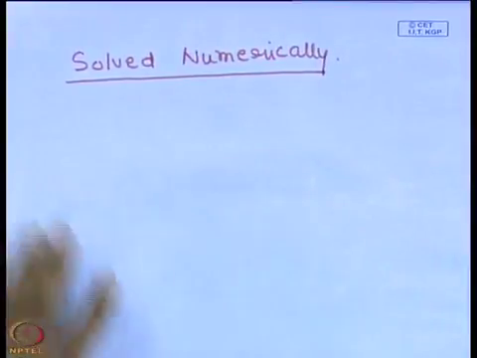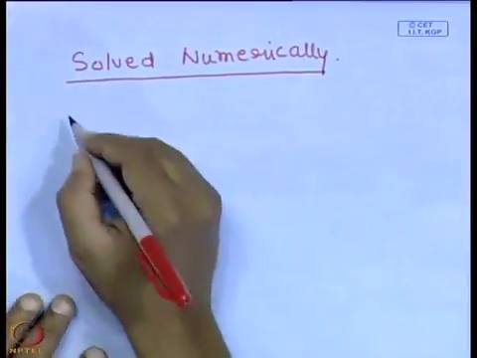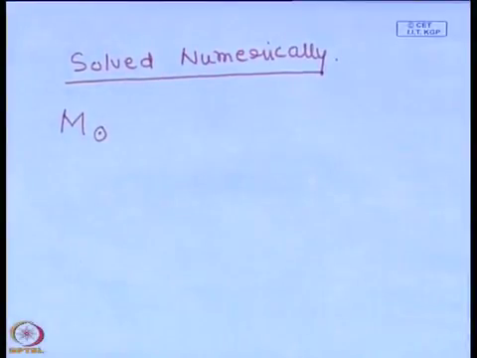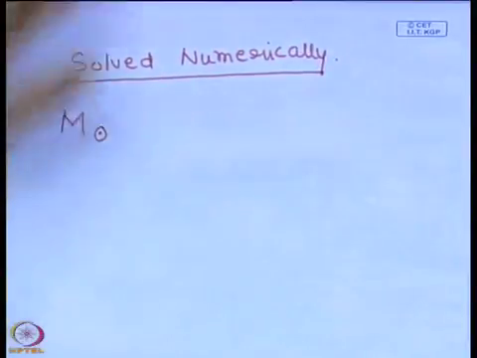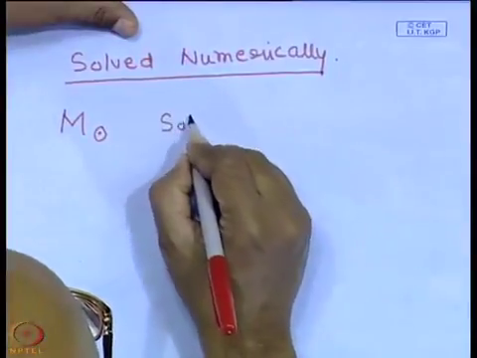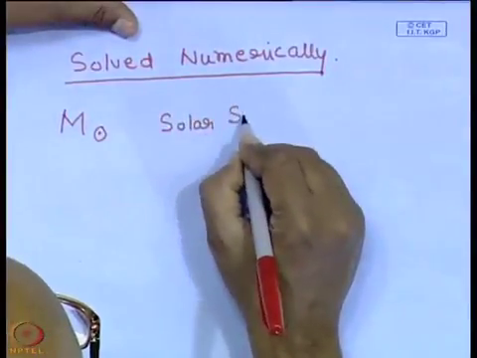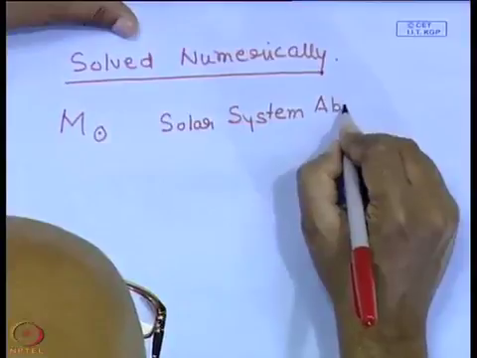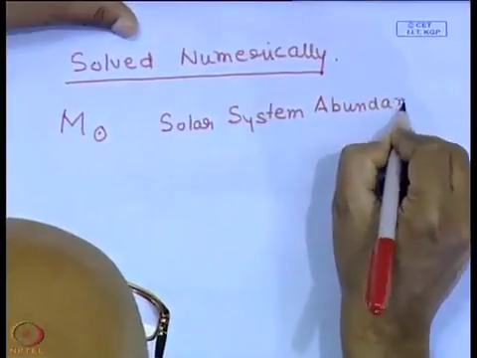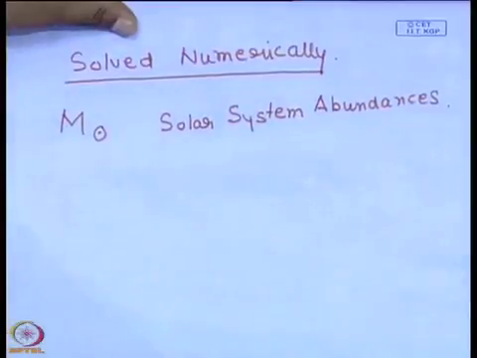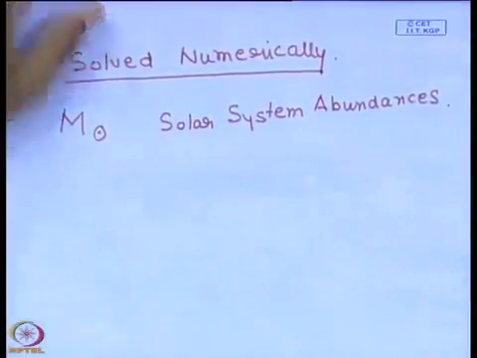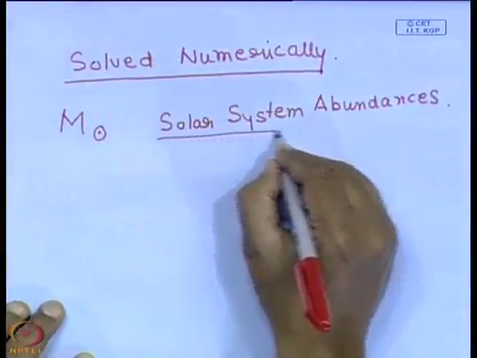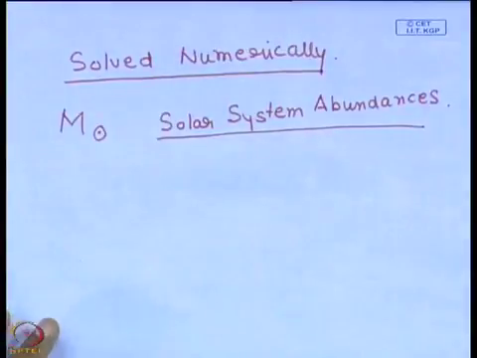Now, suppose you take a star of the mass of the sun, and you set the composition at the solar system abundances, and you solve these equations.